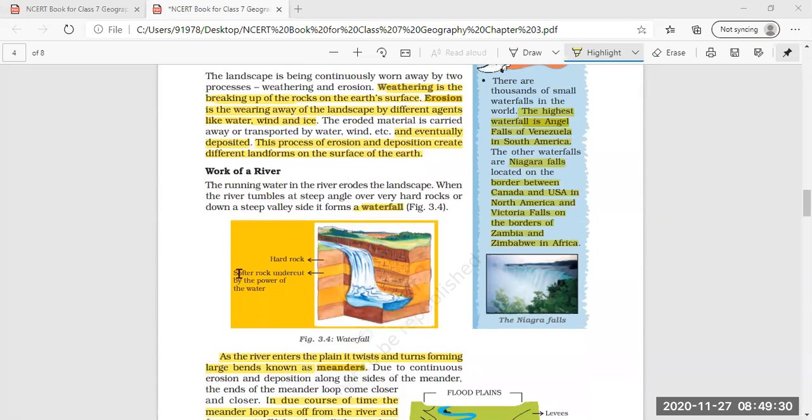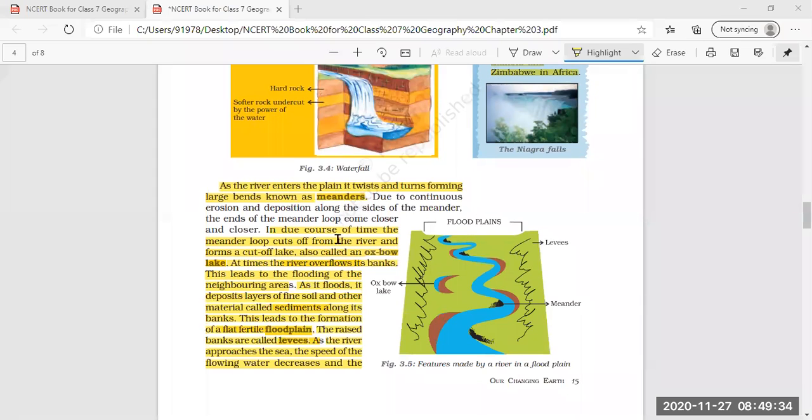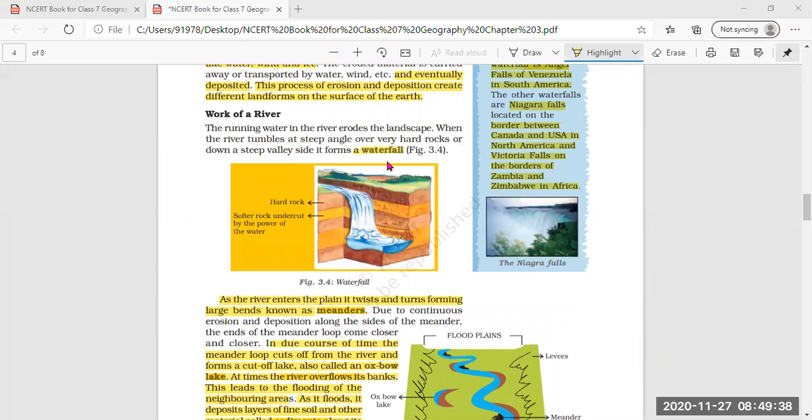Then we have seen the work of the river. First and foremost, the waterfall: a fast flowing river cuts the softer rocks, and when the softer rocks are cut down, the waterfall forms from those cut down rocks.